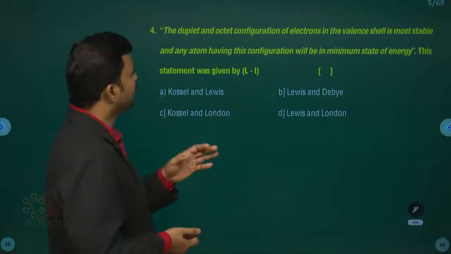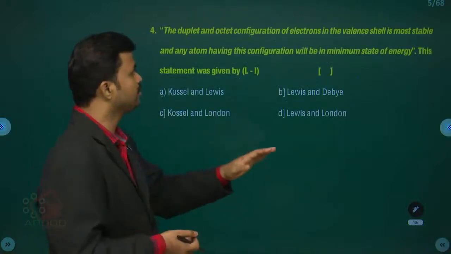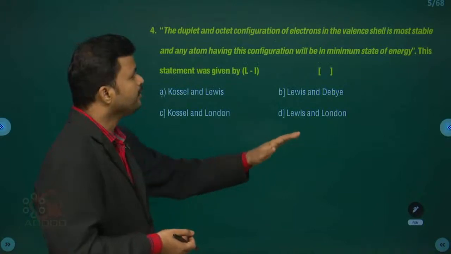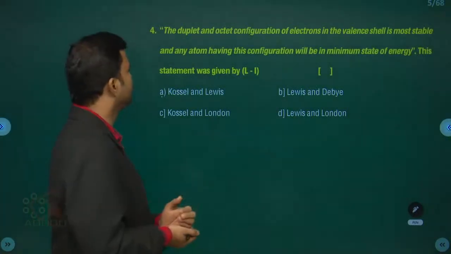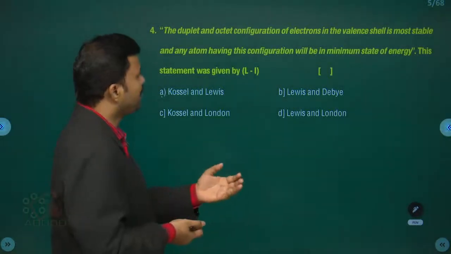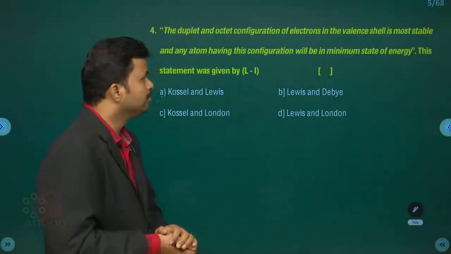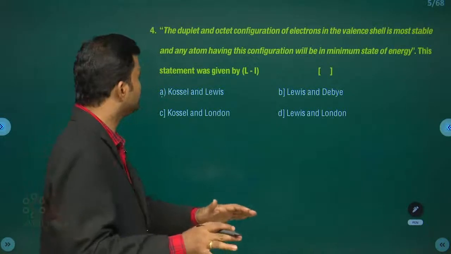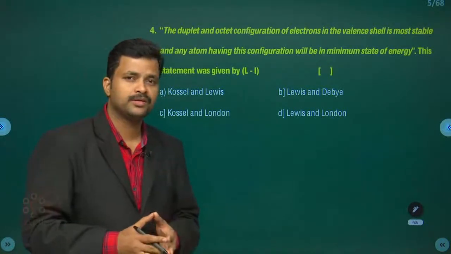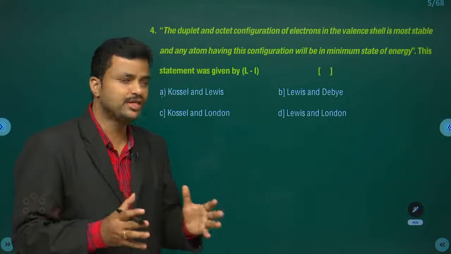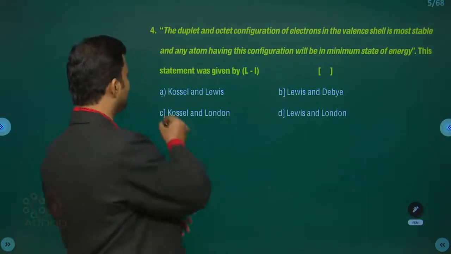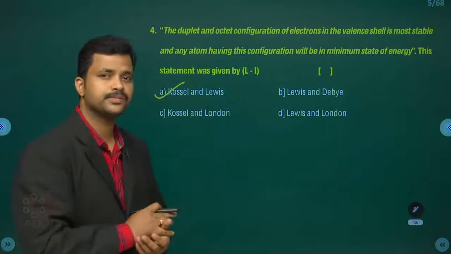The duplet and octet configuration of electrons in the valence shell is the most stable, and any atom having this configuration will be in a minimum state of energy. This statement was given by Lewis and Kossel.